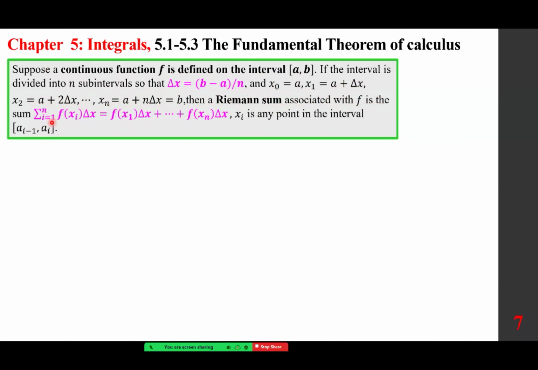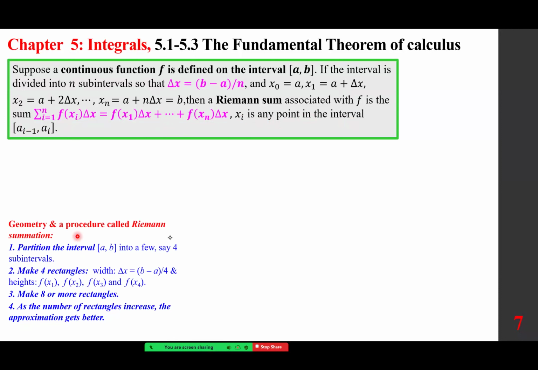The summation of i going from 1 to n of f of x sub i delta x is f of x sub 1 times delta x plus f of x sub 2 times delta x, all the way to f of x sub n times delta x, where x sub i is any point in the interval from x sub i minus 1 to x sub i. In other words, it can be the left endpoints, the right endpoints, the midpoints, or any other point.